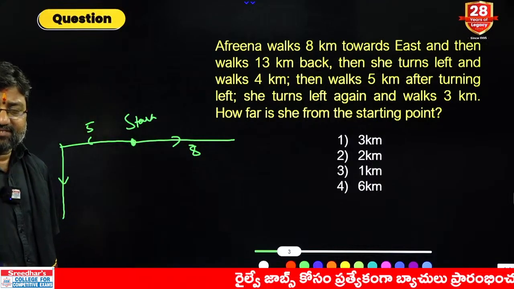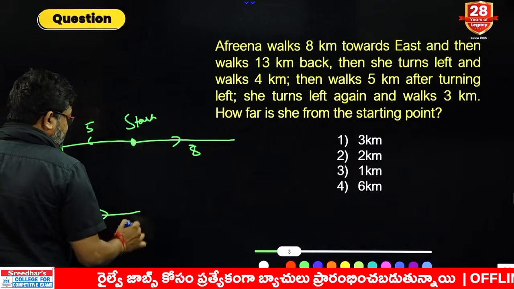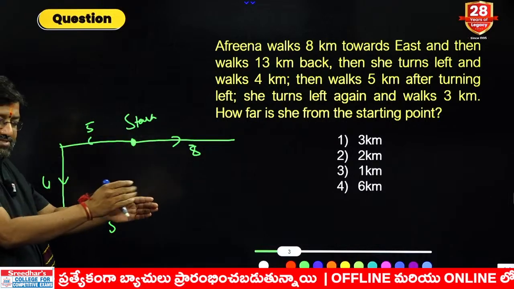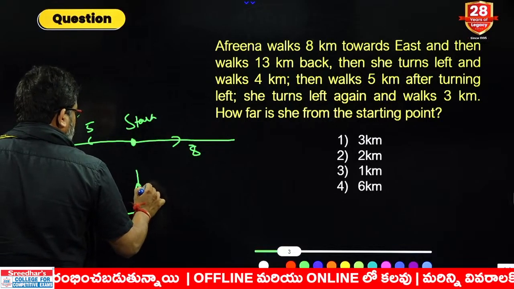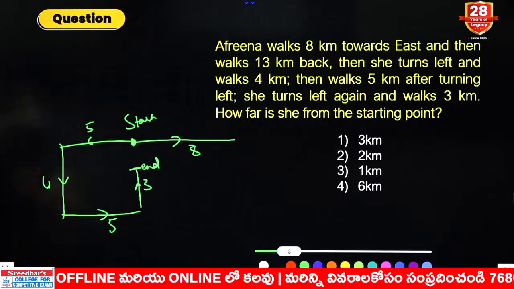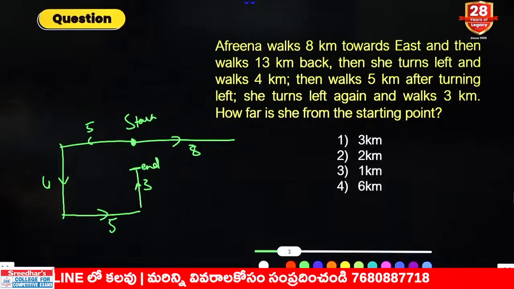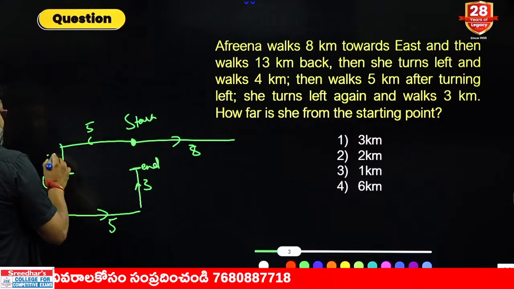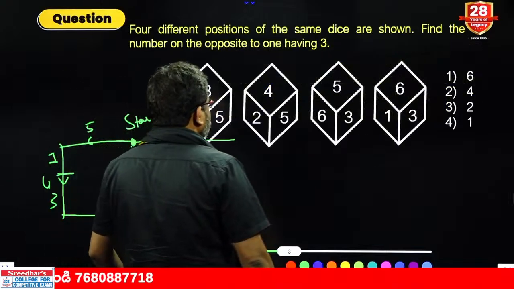When somebody faces south, left will be our right. 5. She stops exactly parallel to the starting point, 5. Next time she turns left again. Now you are facing east, you turn left, you go towards north. How many? 3. Earlier I had 4 here, so this is where I stop. Let this be her ending point. How far is it from the starting point? Come on students, this is 3. What is the difference? 1. From here to here, how much? 1. Option 3. This is the easiest question.